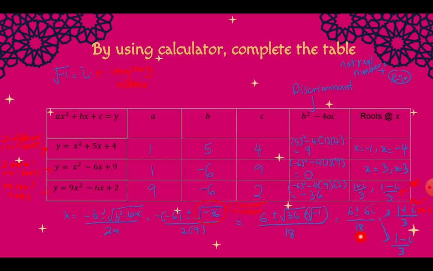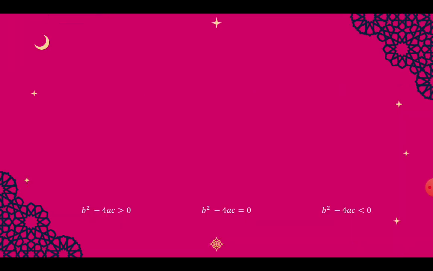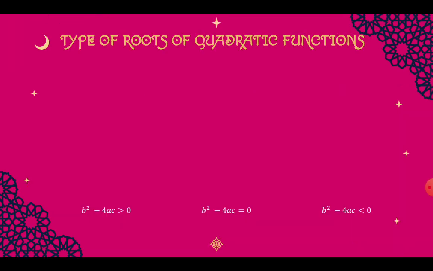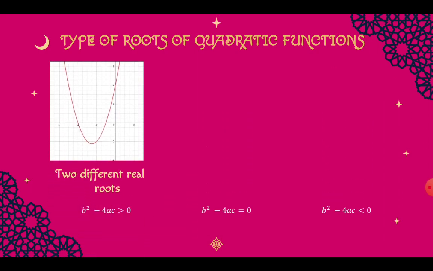Okay, let's look at the graph. Type of roots of a quadratic function. As you can see here, for the first expression, we will have this type of graph.